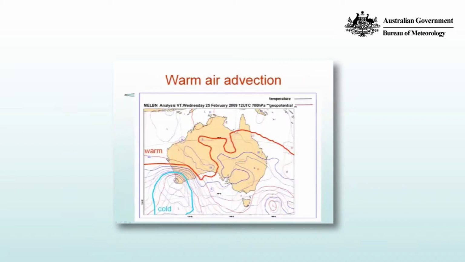Here what we have is the geopotential height of the 700 hectopascal surface. The orange line indicates the demarcation between what we're calling warm air and cool air, and the blue line indicates the region of cold air. I've also marked the temperature lines in blue.